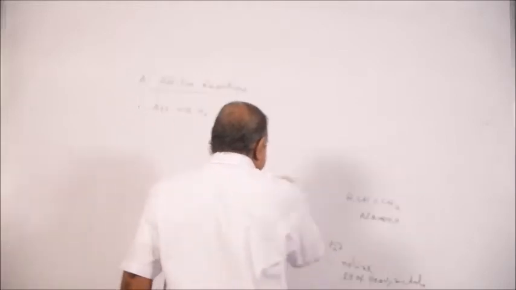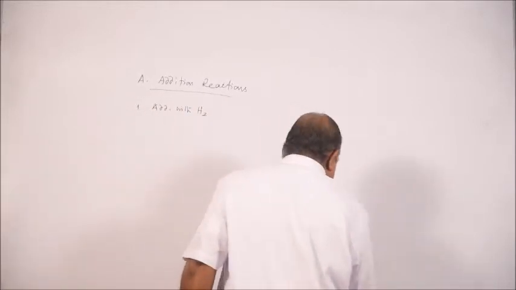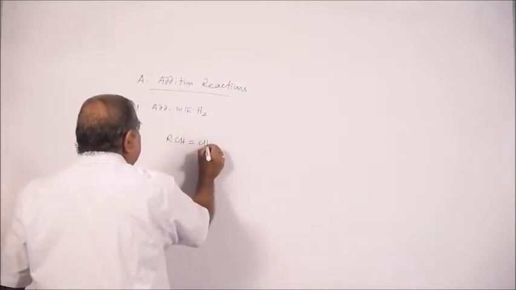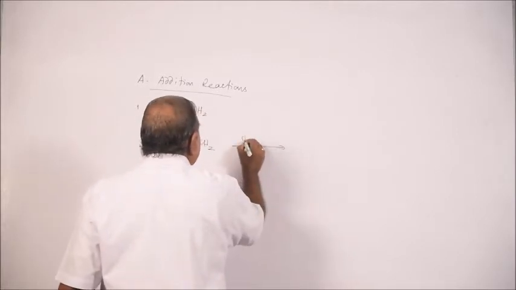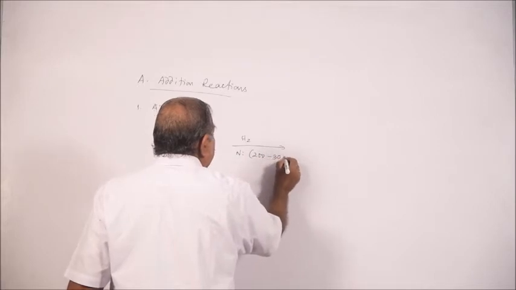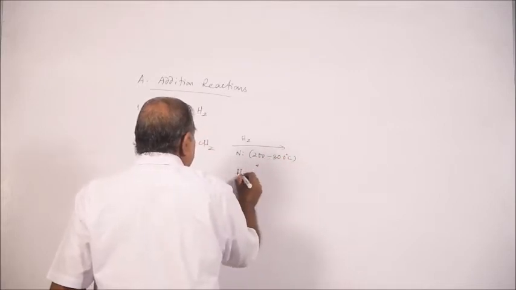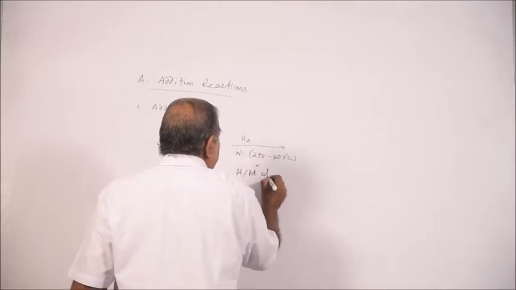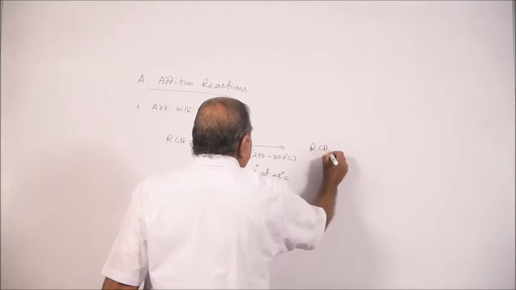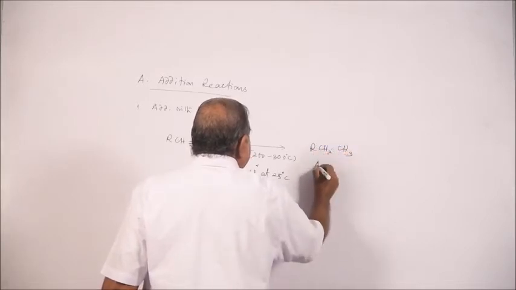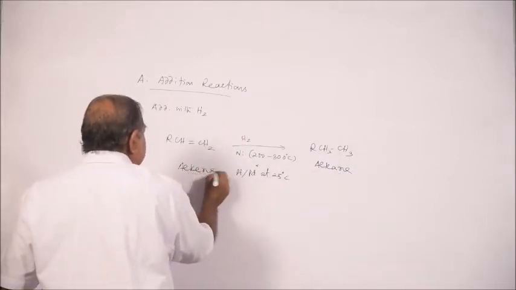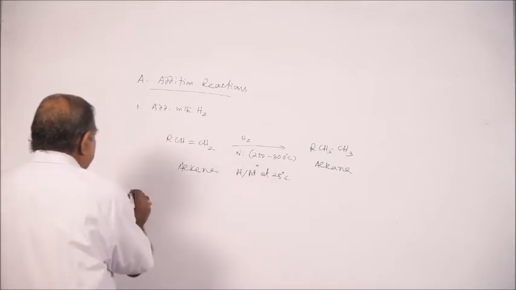When alkene is hydrogenated by using hydrogen, nickel as a catalyst between 200 to 300 degrees centigrade or platinum or palladium at 25 degrees centigrade, it will form a single bond compound, that is alkane. This is your alkene, saturated to form alkane.